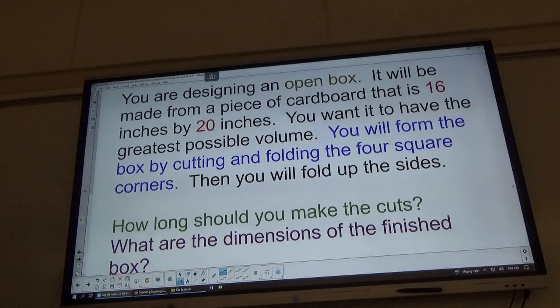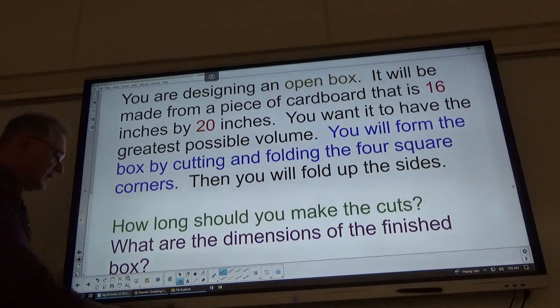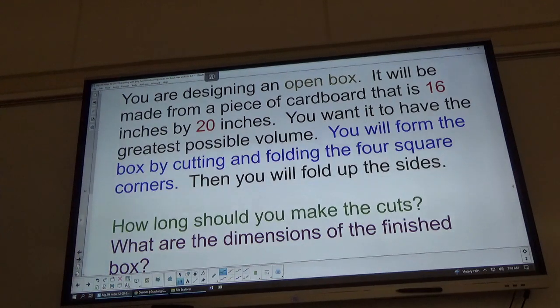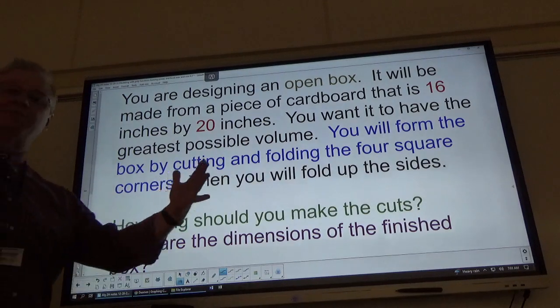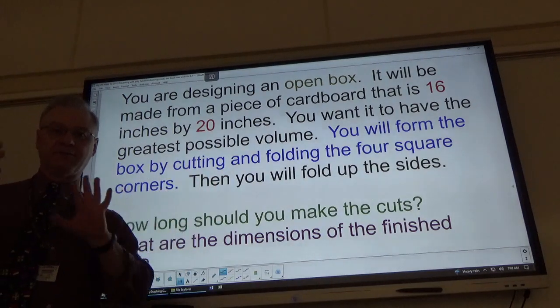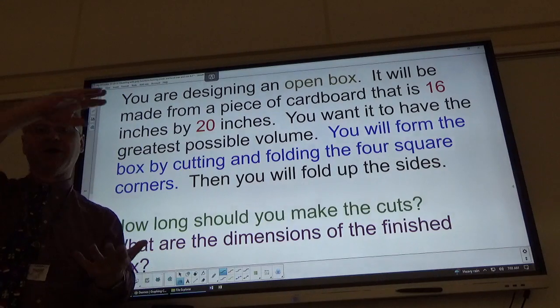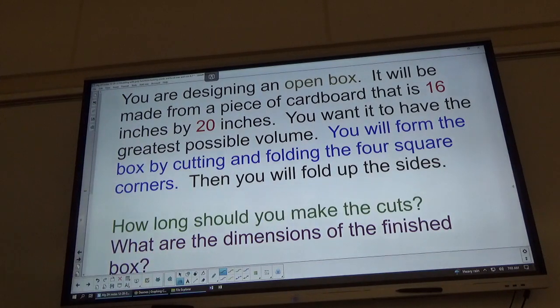All right, let's take a look at this example. In this example, it's a word problem, and you are going to be using Desmos to try to graph it. You are designing an open box. Remember, that's sides, front, back, left, right, and the bottom, but no top. It'll be made from a piece of cardboard that is 16 inches by 20 inches.